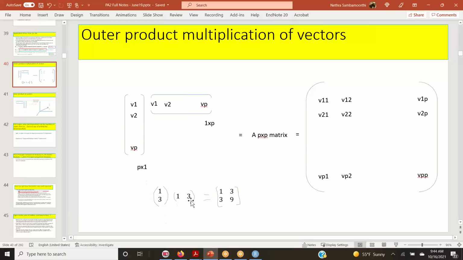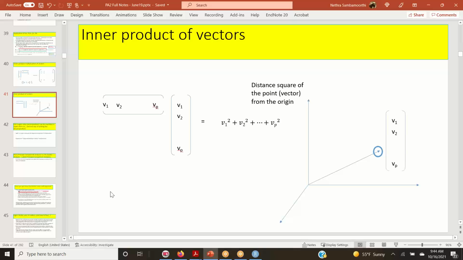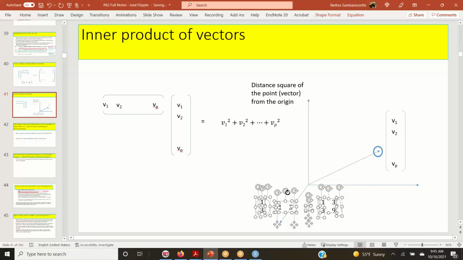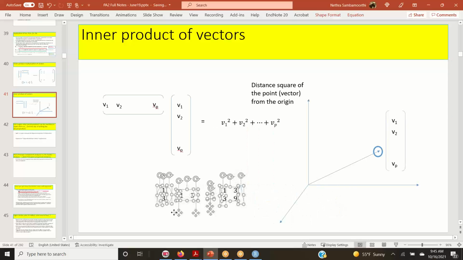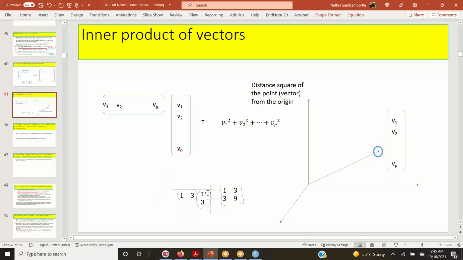Suppose I take the inner product of this, what will happen? Let me do it, and then you can tell me the answer. That is the inner product, isn't it?